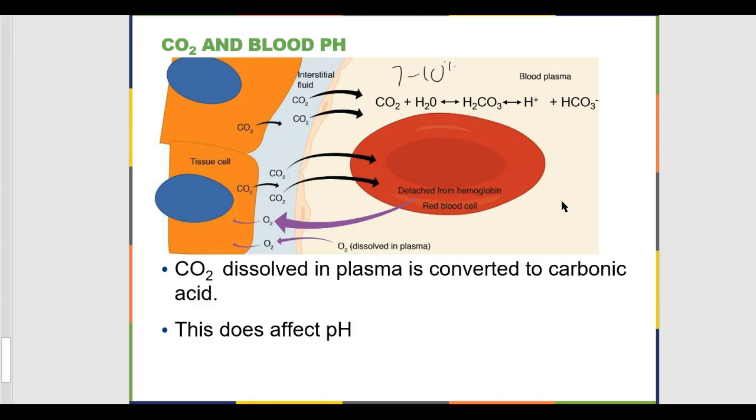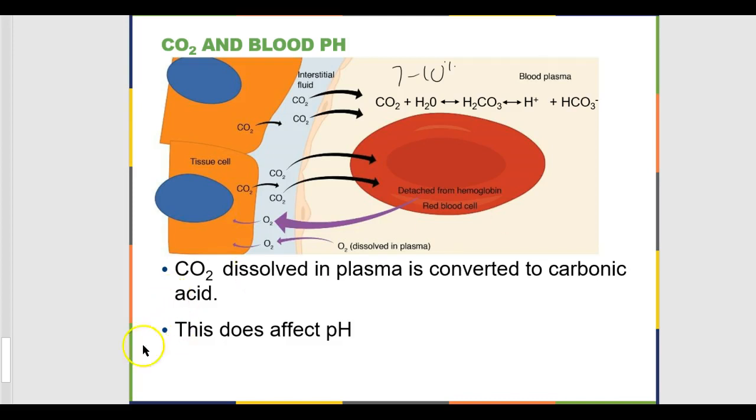Under normal breathing circumstances, it doesn't. So your tidal volume and stable physiology means your pH stays stable. If you have increases or decreases in your respiratory rate, big changes, then that can affect your blood pH.